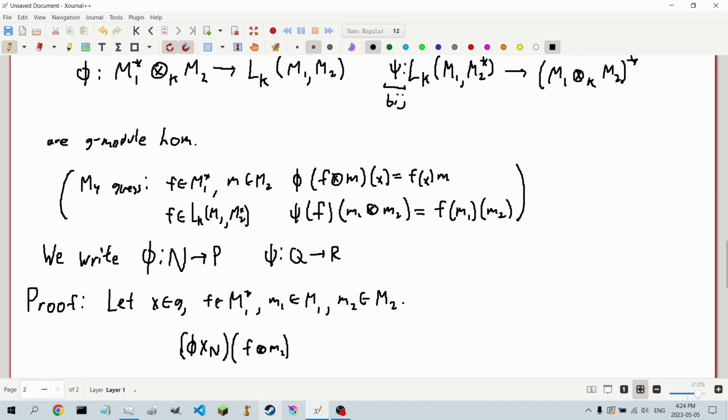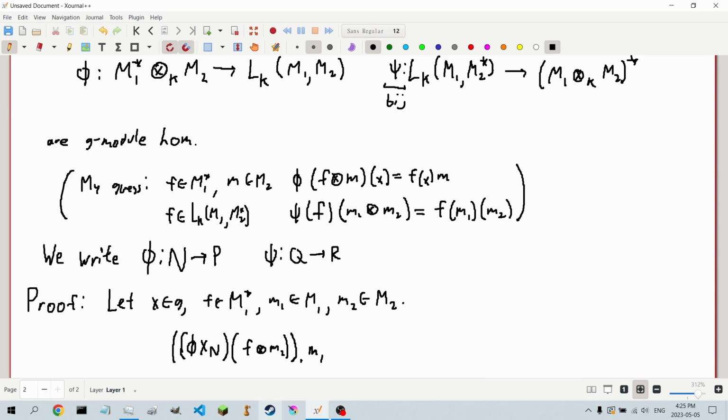So this is composition on the left, so I have to figure out exactly how to evaluate this. f tensor m2 is an element in N, that is M1 star tensor M2. xN is a representation acting on it, so it's in the homomorphisms of that, so it's going to send it to a different element in M1 star tensor M2.